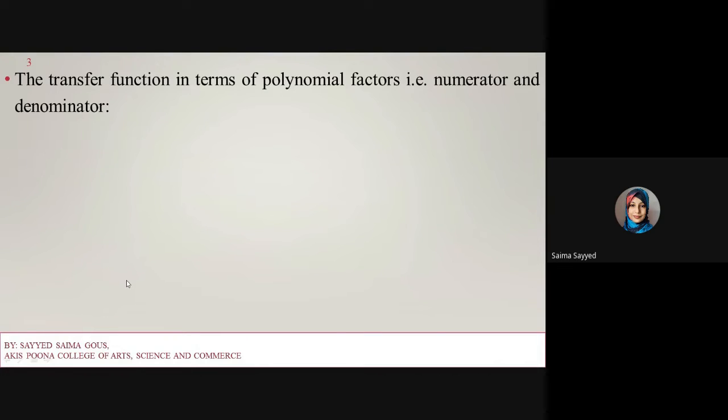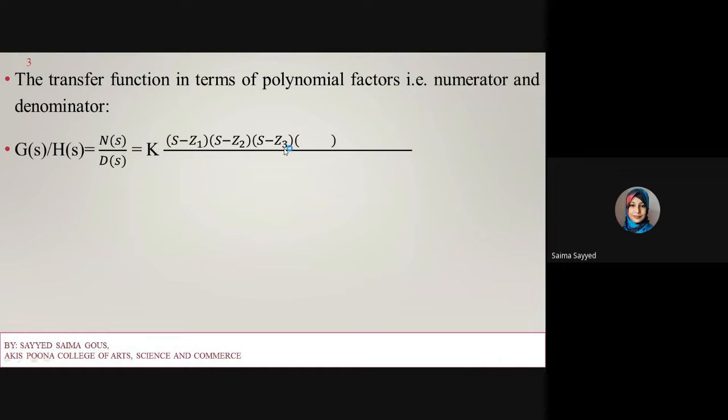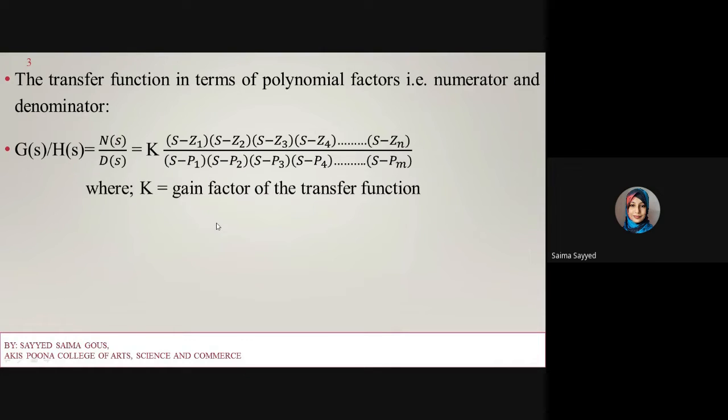It becomes the numerator n of s divided by the denominator d of s, which is equal to k times (s minus z1) into (s minus z2) into (s minus z3) into (s minus z4), up to (s minus zn), divided by (s minus p1) into (s minus p2) into (s minus p3) into (s minus p4), up to (s minus pn), where k is nothing but the gain factor of the transfer function.